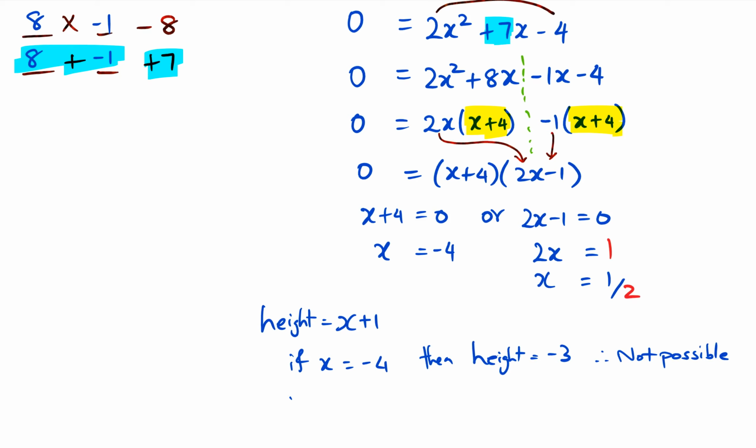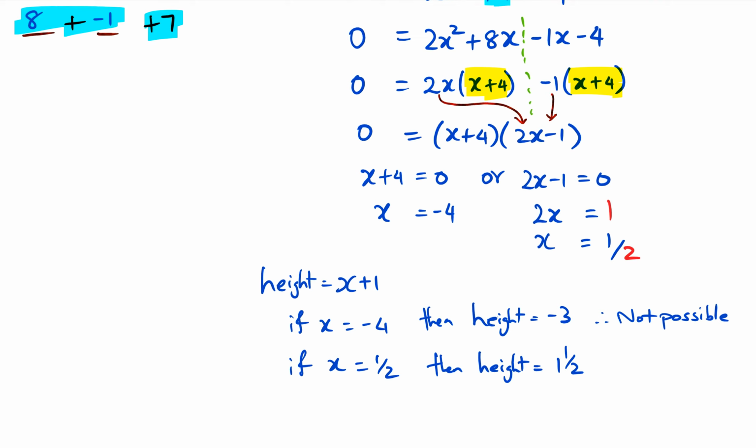If x equals 1/2, then height equals 1 plus a half, which is 1.5. This is our final answer. Because x equals negative 4 is not possible, we've proved that the height is 1.5 centimeters.